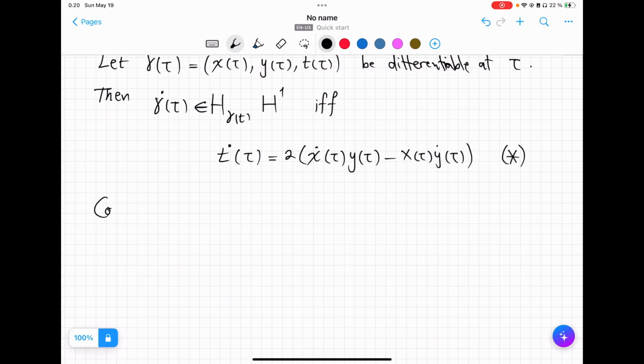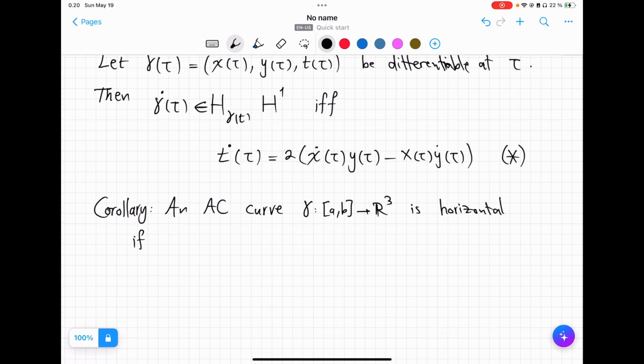So the corollary will be that an absolutely continuous curve gamma from some interval into R3 is horizontal if and only if star holds at almost every tau in (a, b).